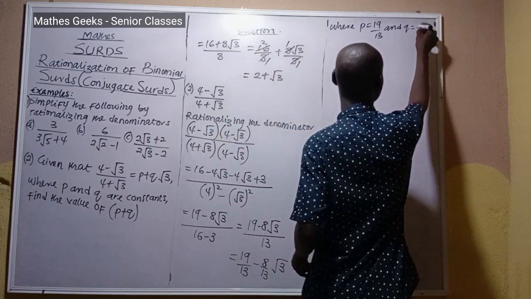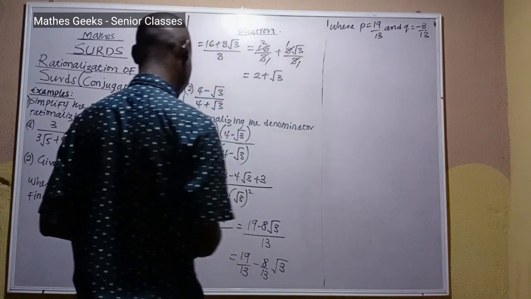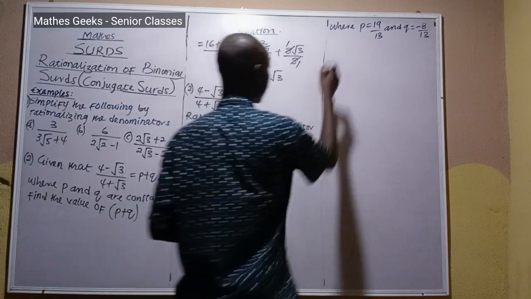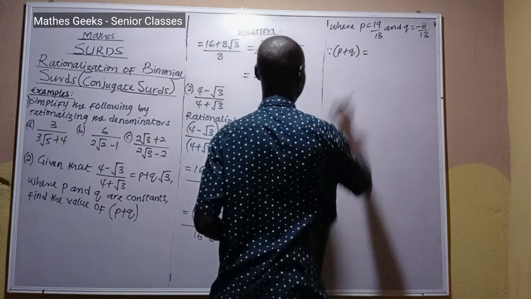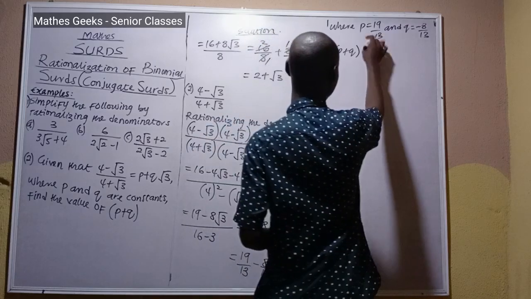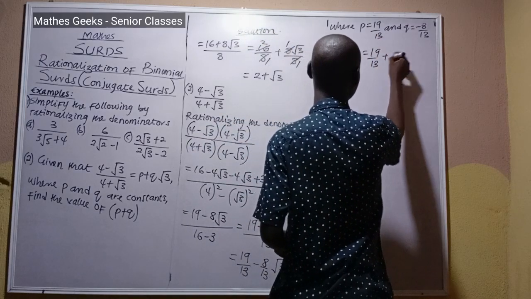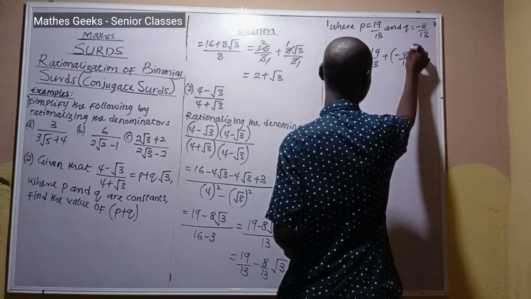Well, the question says we should look for the value of P plus Q. So therefore P plus Q is equal to 19 over 13 plus minus 8 over 13.